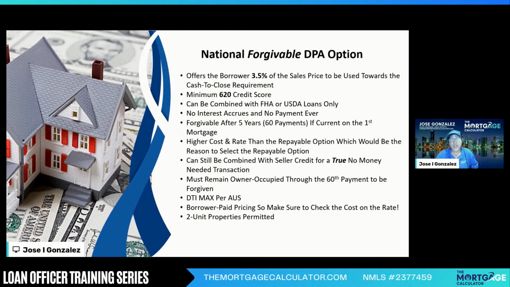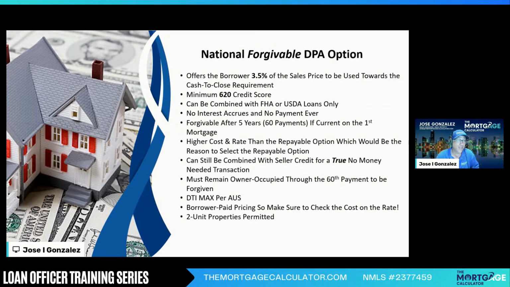When I've calculated the difference in the payment between the forgivable option, which is just one loan, and the repayable option, which is 2 loans, but the interest rate could be 1.5% lower between one and the other.